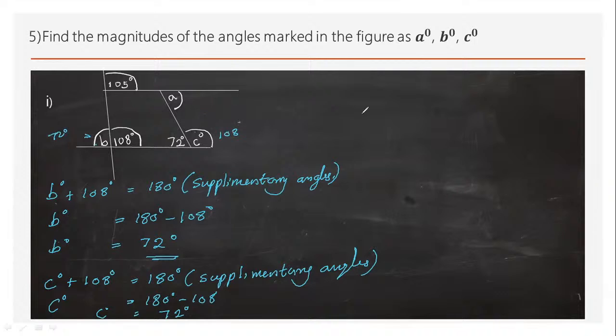So you can find A. 105 plus 72 plus 108 plus A equals 360. What is the reason? Exterior angles of a quadrilateral.